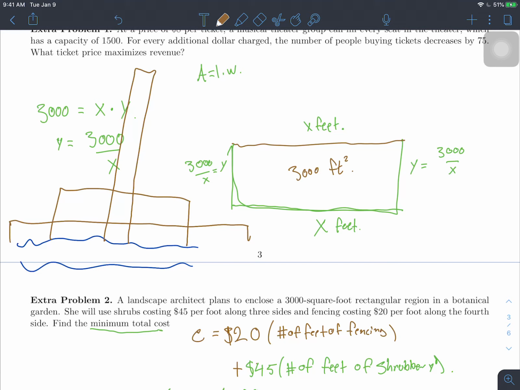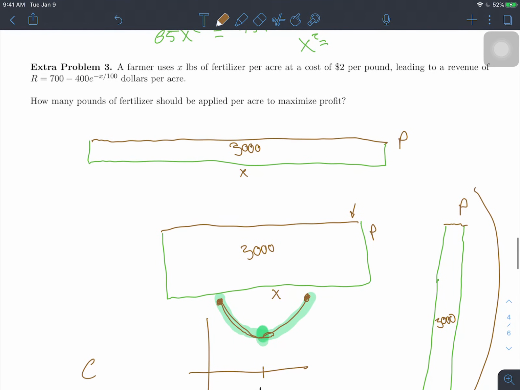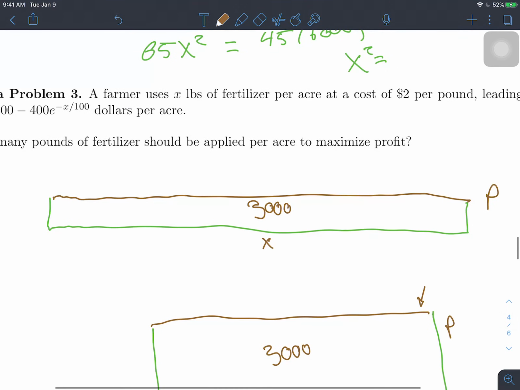But in our case, instead of telling us how much fencing we have and telling us to maximize the area, they're telling us exactly how much area is enclosed, find the ideal amount of fencing and shrubbery such that this is cheap. Okay? And the point was, if we make it really long and wide like this, it's super expensive because each foot of shrub costs $45.